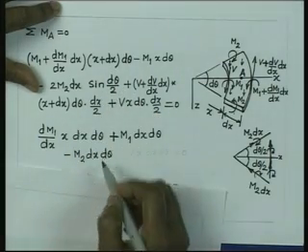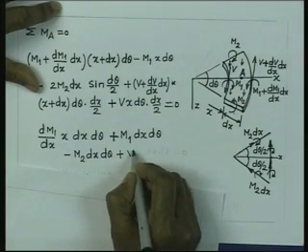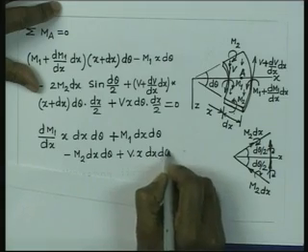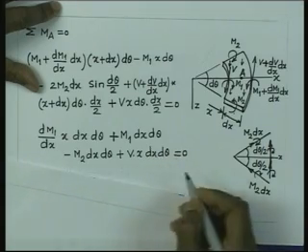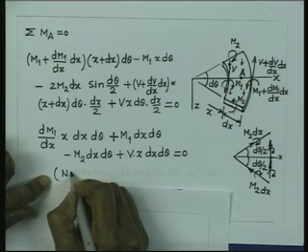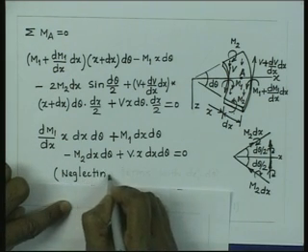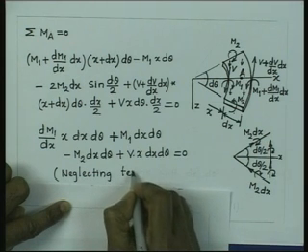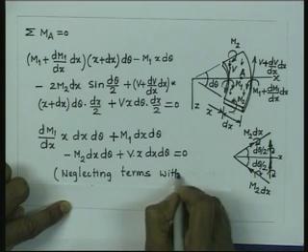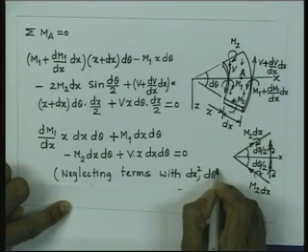So, that will give us this expression, and then here we have V x dx d theta equal to 0. So, this is neglecting terms with dx square d theta square.